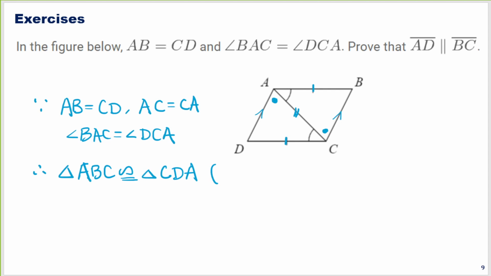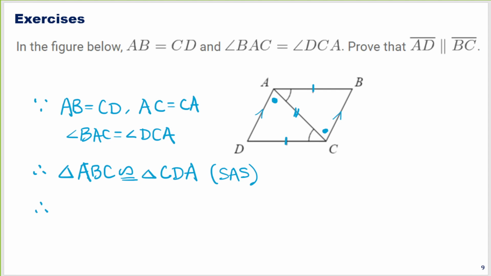Usually you put the theorem you're using to prove these two triangles are congruent. The theorem we are using here is called SAS, right? So this is read as triangle ABC is congruent with triangle CDA by SAS. Therefore, we know the corresponding parts are also congruent.